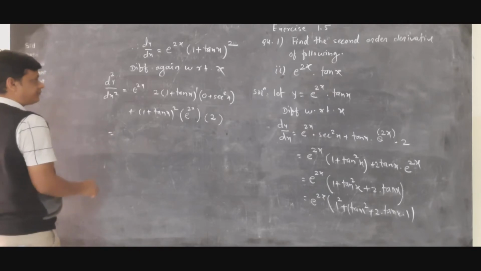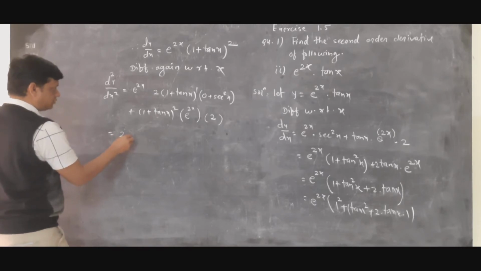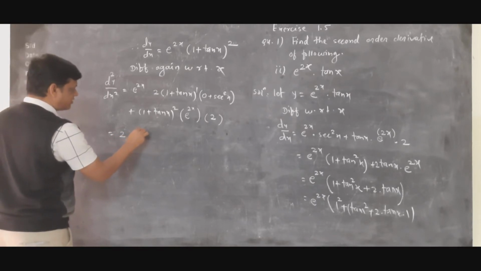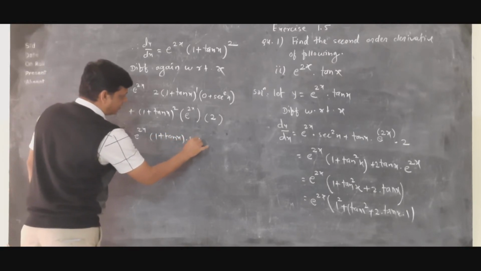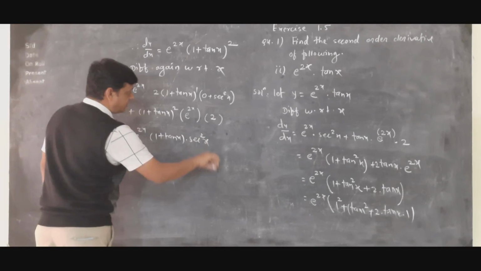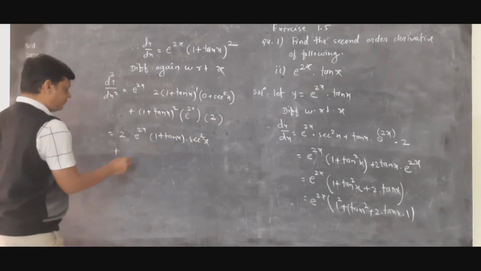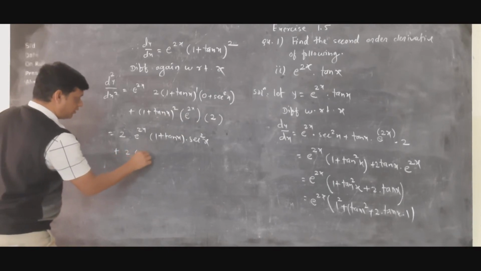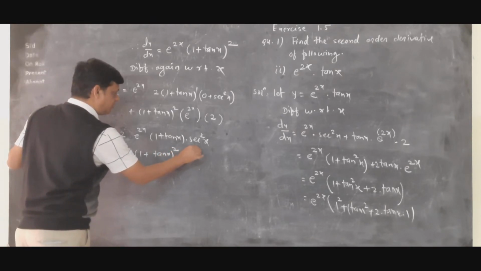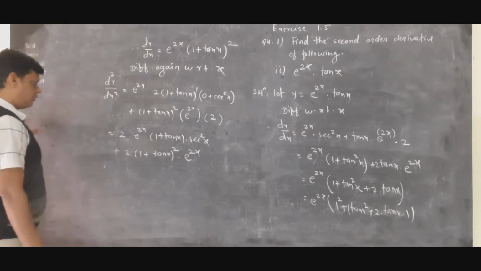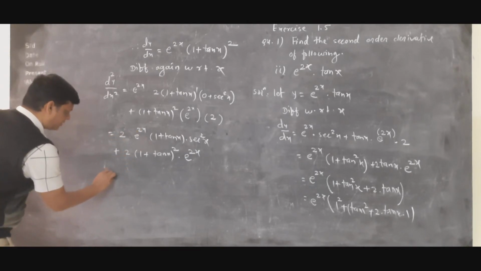So right here e^(2x), these two we write at first position. So 2 into e^(2x)(1 + tan x)(0 + sec²x), we write sec²x, plus 2 write at first position. So (1 + tan x)^2 into e^(2x). Again here we can take 2e^(2x) common from both the terms.